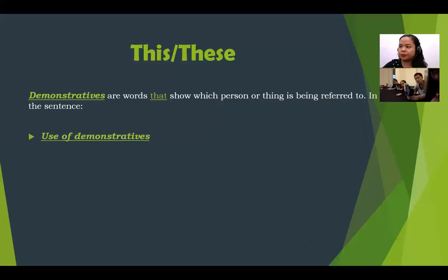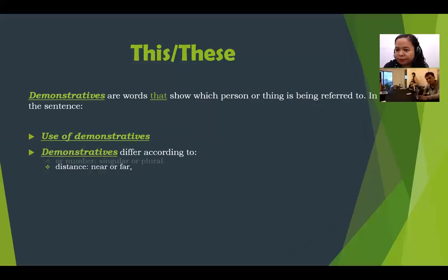Okay, thank you. So the use of demonstratives, please read Vivi. Use of demonstratives.